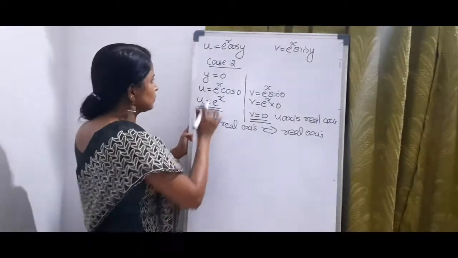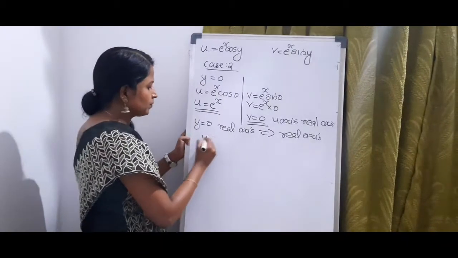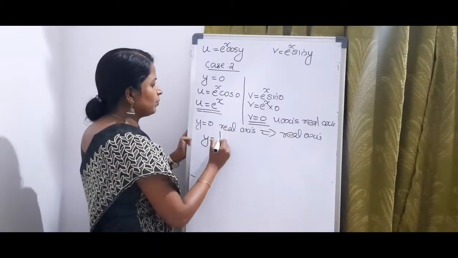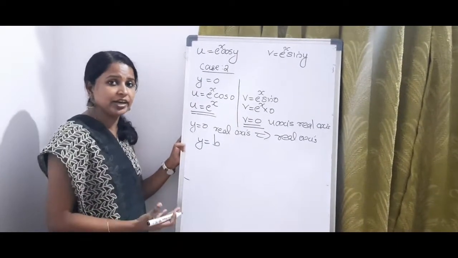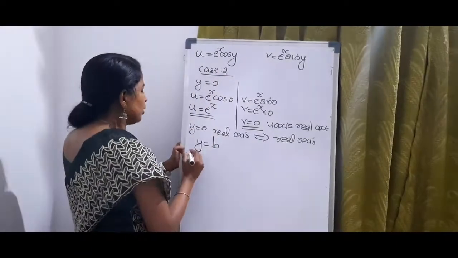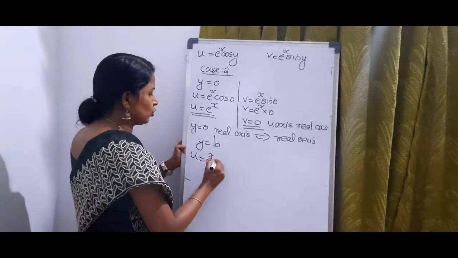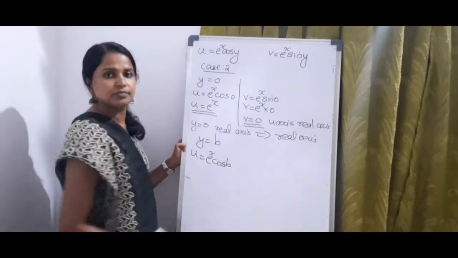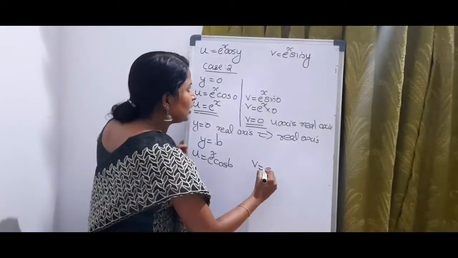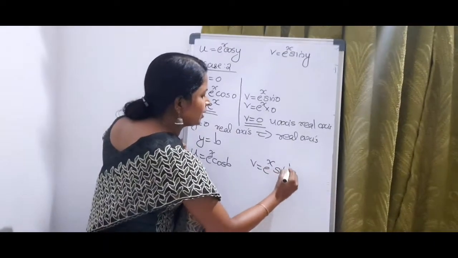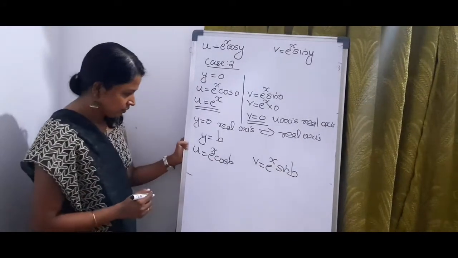Then the next case means y equal to another value b. We take another value for y, that is y equal to b. So u equals e raised to x into cos b, and v equals e raised to x into sin b.